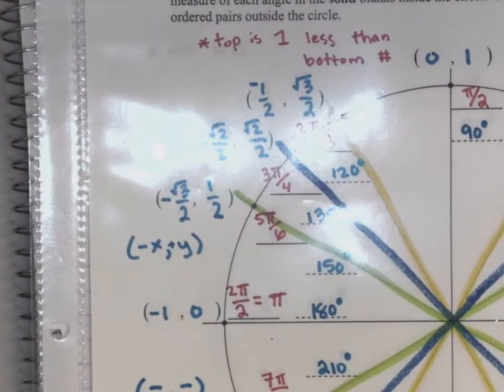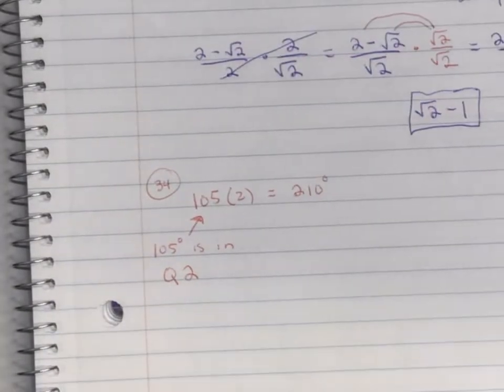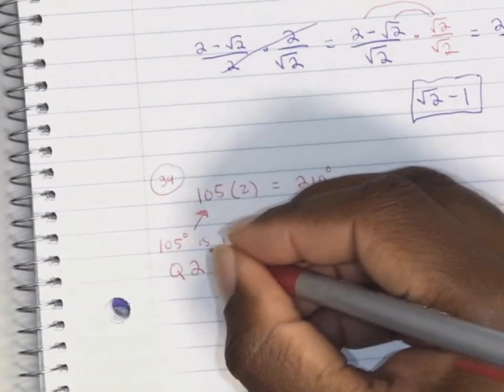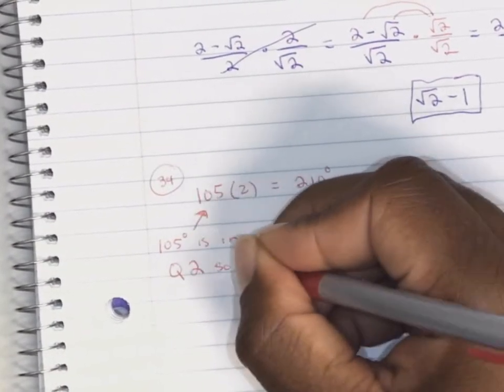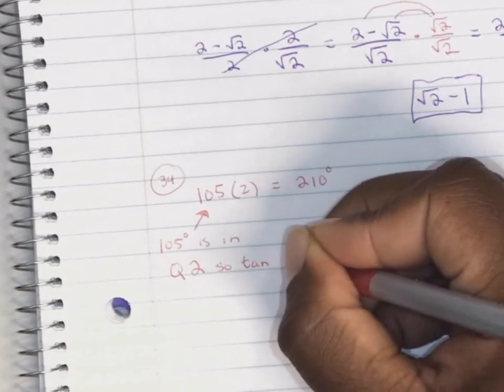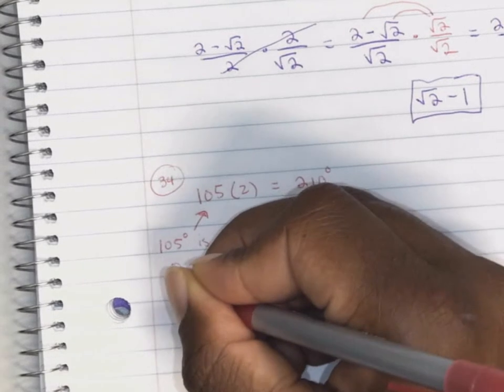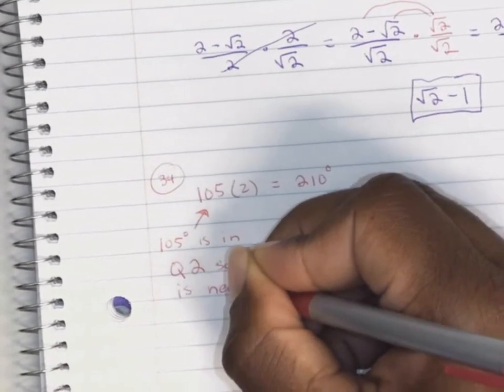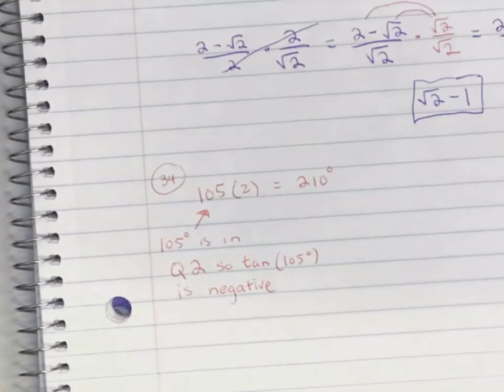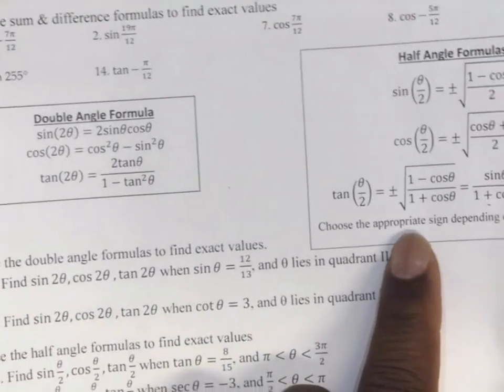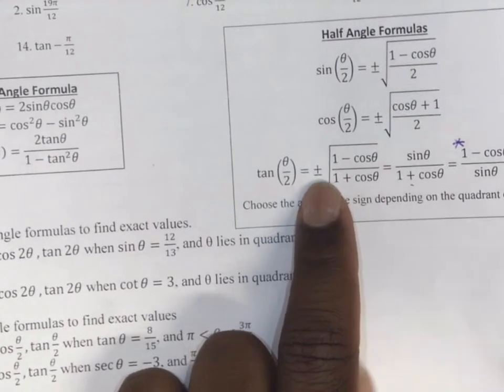So tangent of 105 is negative. Now, if I was doing this in the first quadrant, I would have to choose the negative option. We're going to do this one. Let's see if we get a negative value.